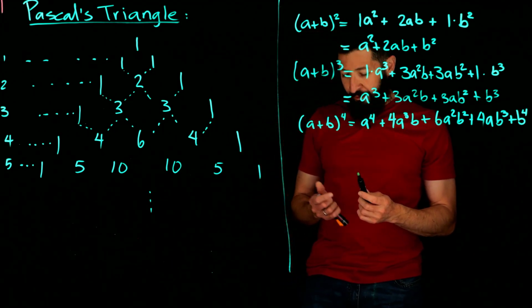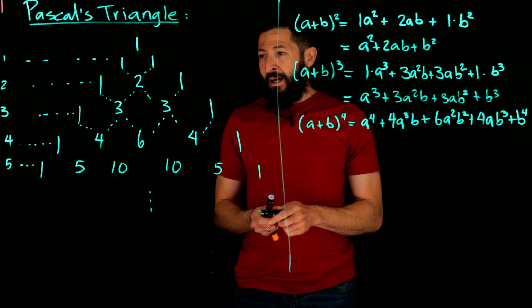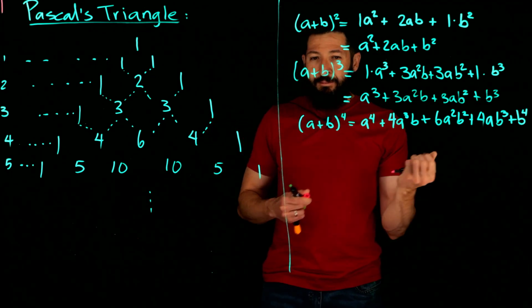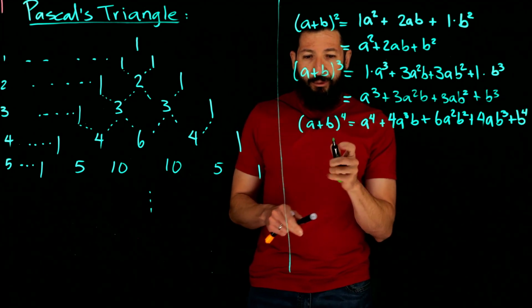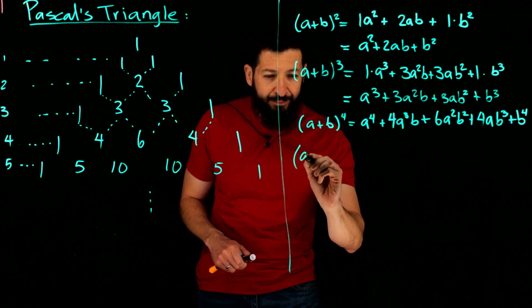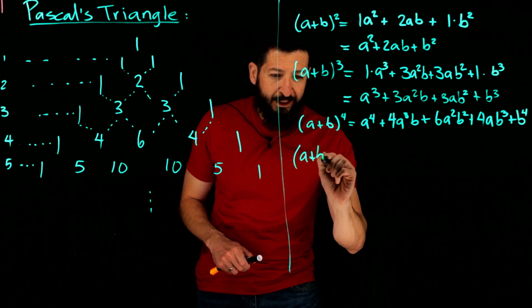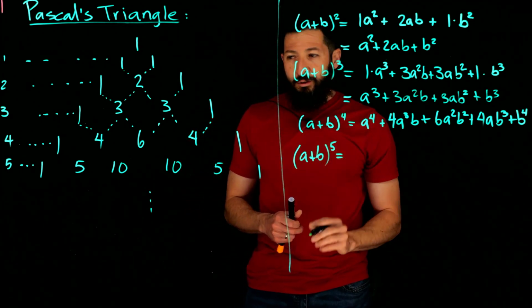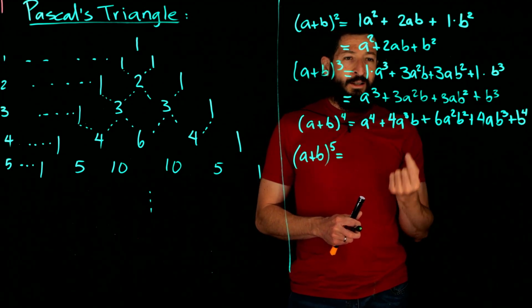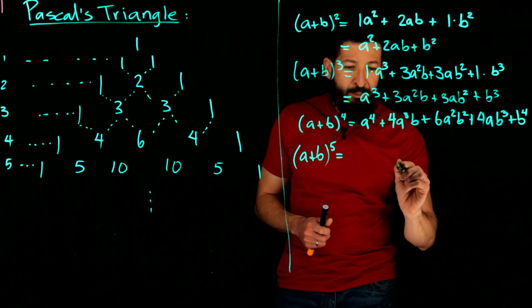But how does it work? Let's try to track what is happening when we have this a plus b to the 4th and we want to compute a plus b to the 5th. So what's going to happen is, for example, let's just track one of the terms.